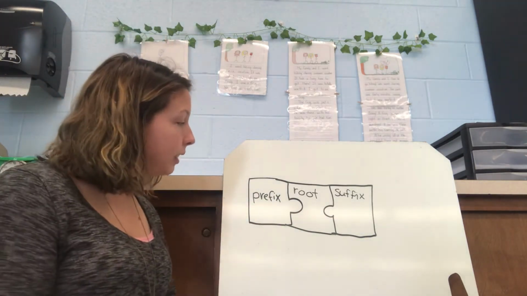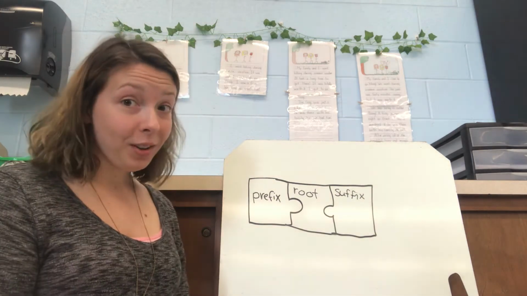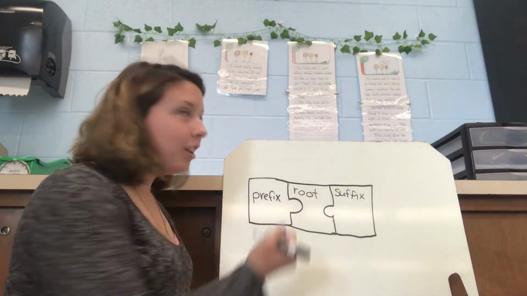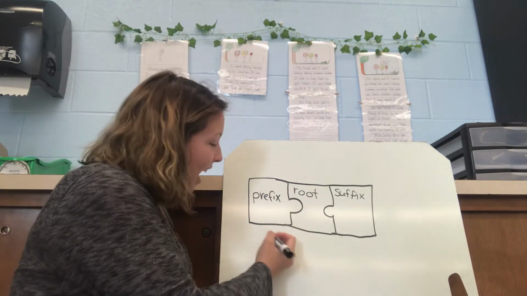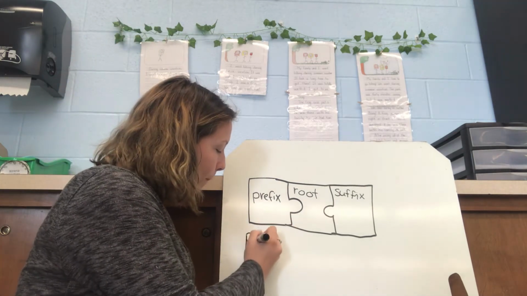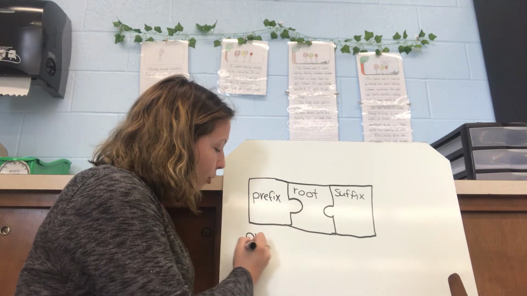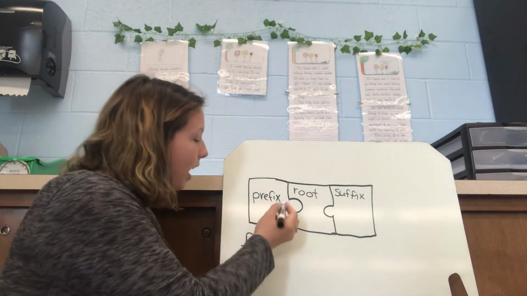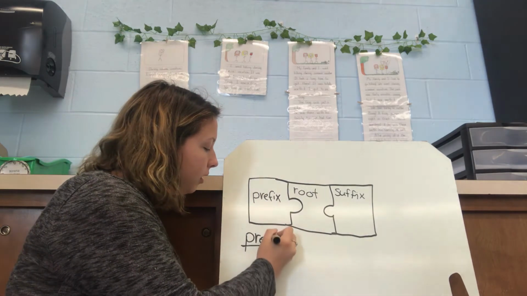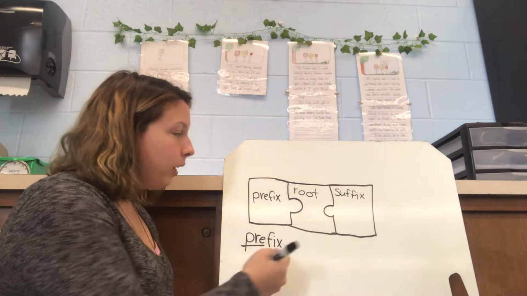So I'll give you an example of a prefix, okay? You know what? There's a prefix hidden in prefix. So cool. An example of a prefix would be pre. And pre means before. So if I'm doing prefix, that means before something.